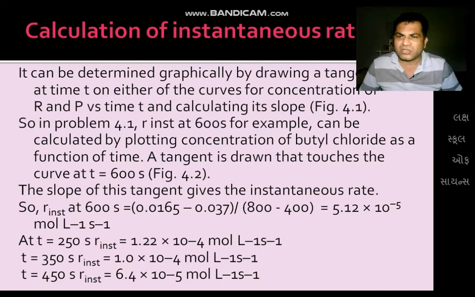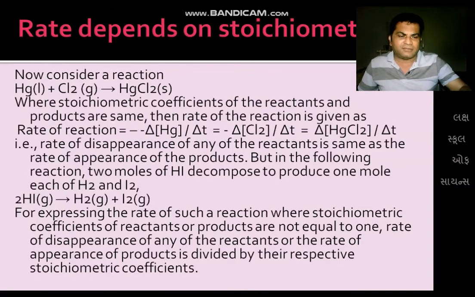In problem 4.1, the instantaneous rate at 600 seconds can be calculated by plotting the concentration of butyl chloride as a function of time. A tangent is drawn that touches the curve at 600 seconds. Let's see this in the figure.